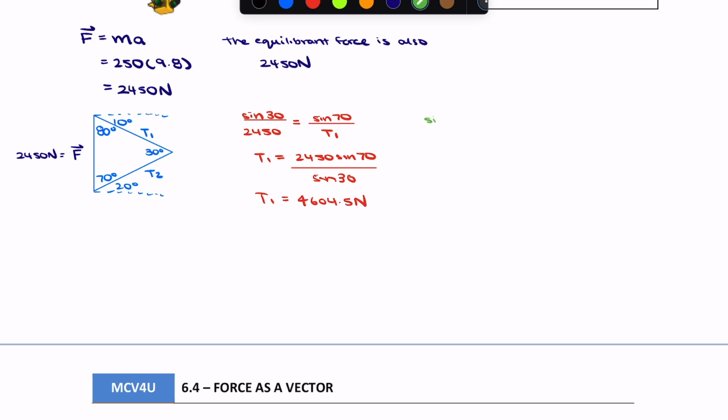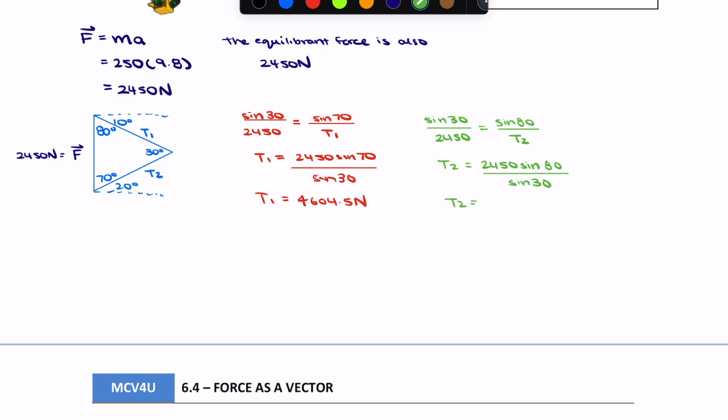We'll do the same thing to calculate tension 2. So here's sine 30 over 2,450 is equal to sine 80 over tension 2. Tension 2 is equal to 2,450 sine 80 over sine 30.